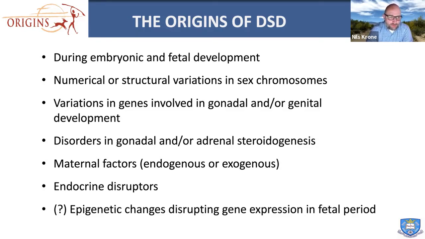There are other forms of disorders in gonadal and adrenal steroidogenesis, sometimes maternal factors, which could be endogenous or exogenous. Endocrine disruptors have been implicated, and there is an increasing body of work suggesting that epigenetic changes disrupting gene expression during the fetal period might be an underlying cause. So it's a huge variety of underlying causes why you might have a DSD.